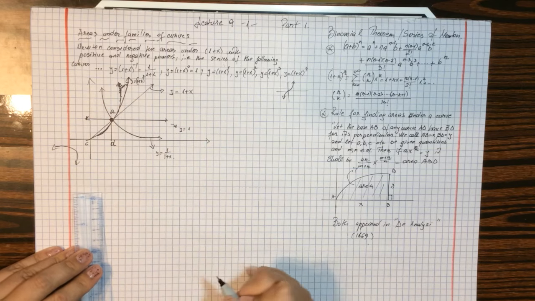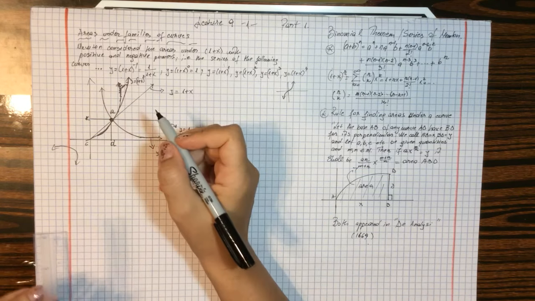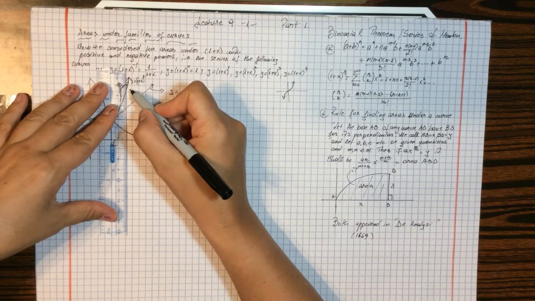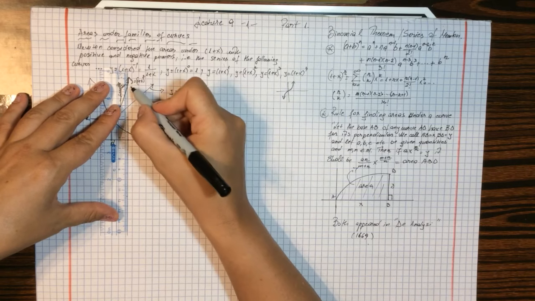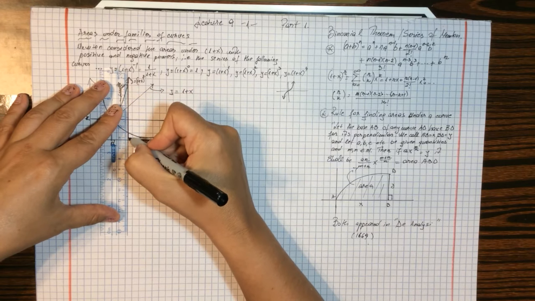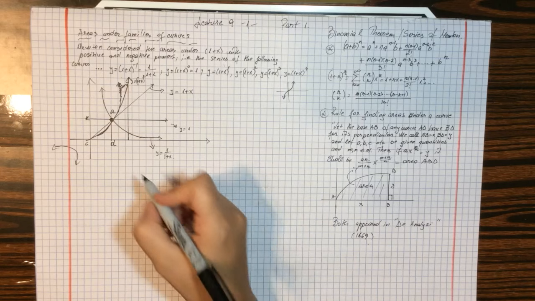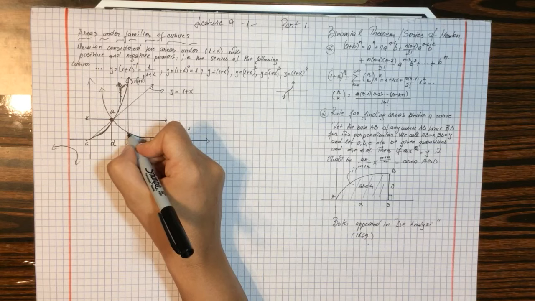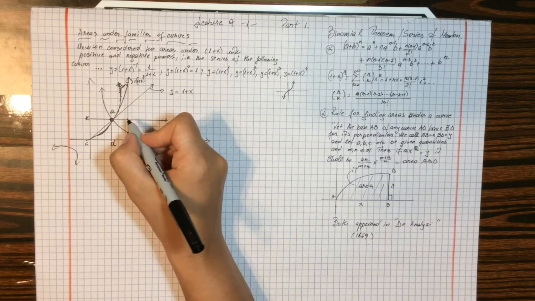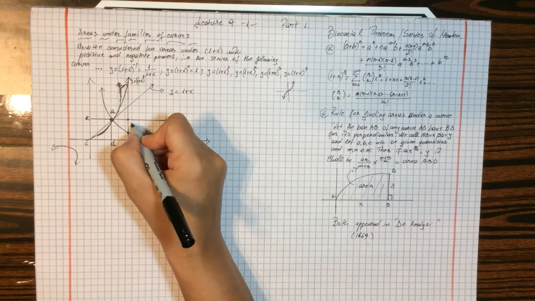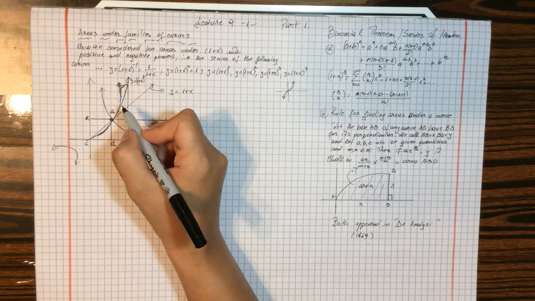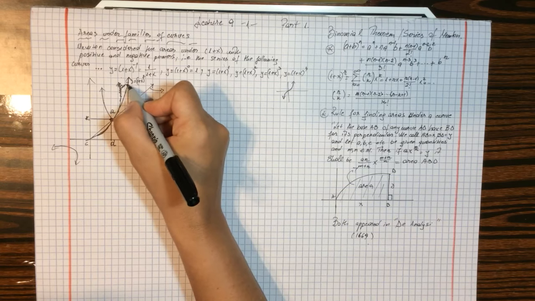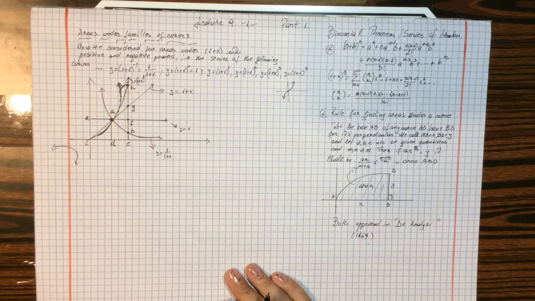This is k. I'm drawing this other line here. I'm calling this E, I'm calling this point B, I'm calling this point F, and I'm calling this point G, and I'm calling this point H.